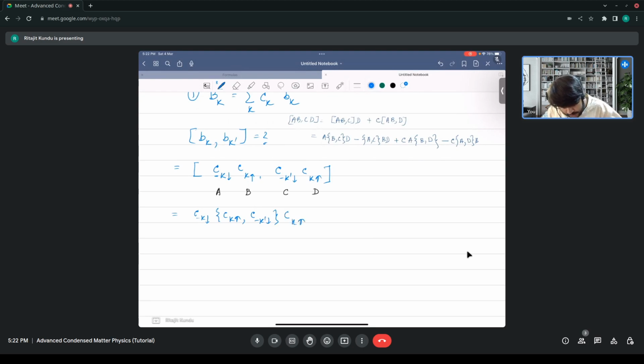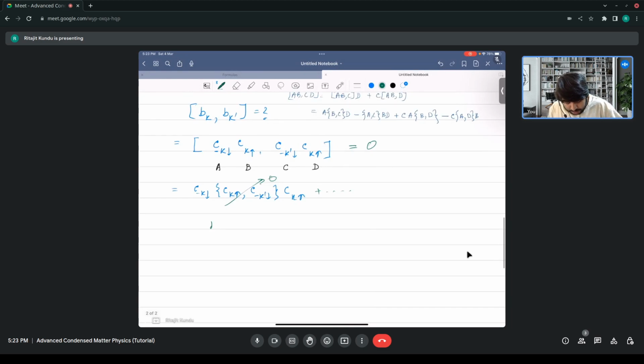From the fermion anti-commutation, you already know that these terms vanish, and similarly you will write the other terms and you will see that all of these turn out to be anti-commutators between k and k prime. You know that annihilation operators always anti-commute to zero, because of Pauli's principle. So you see that this is actually 0. Okay, which is a good thing. So we know that the commutator of b_k and b_k' is actually 0. This is something that bosons obey.